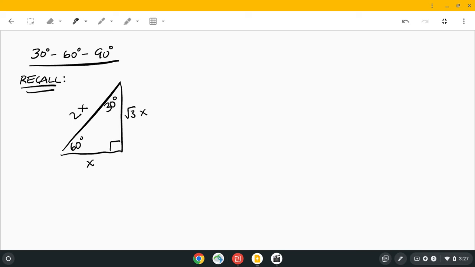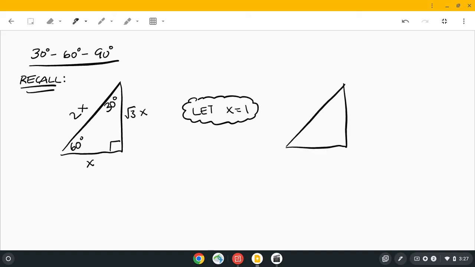Now, for simplicity, let's let x equal 1. Then we have the following lengths for the sides: 1 over here, 2 over here, and square root 3 here.